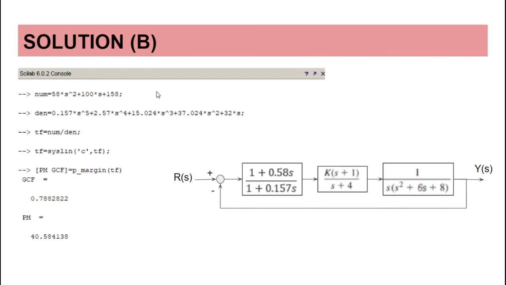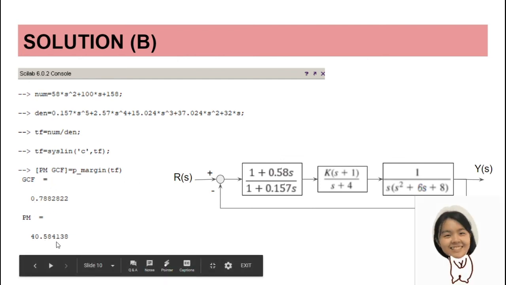And this is the result in Scilab. I've plugged in the full equation, this as the numerator and this as the denominator. After a few functions, we get that the final phase margin is 40.58.